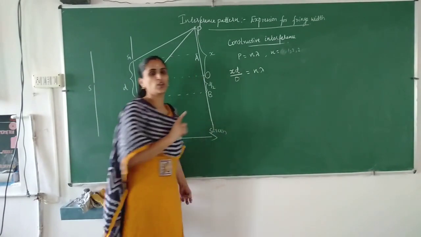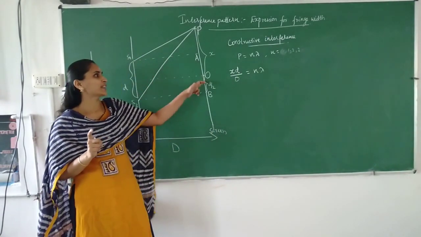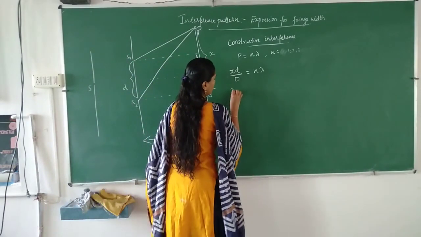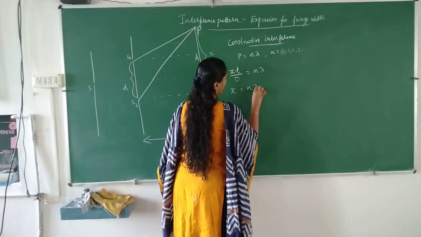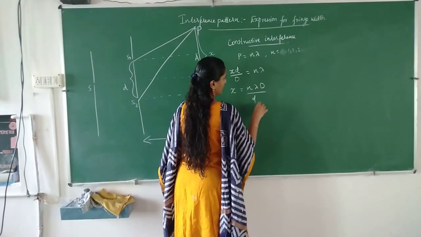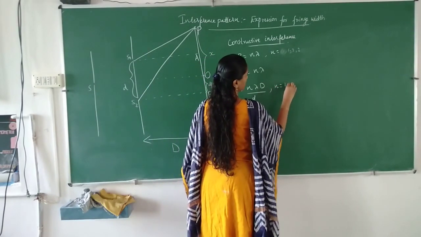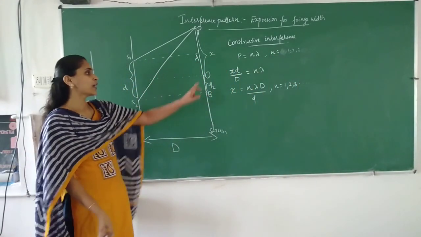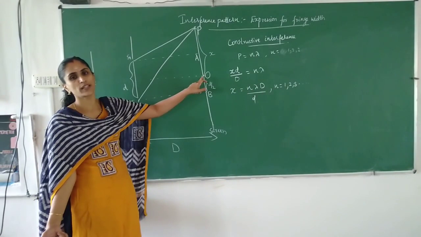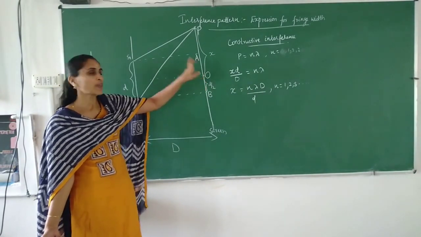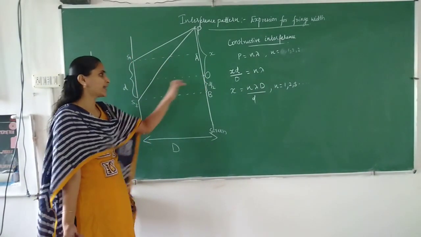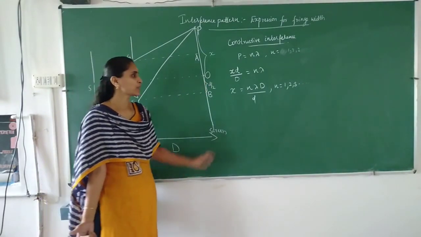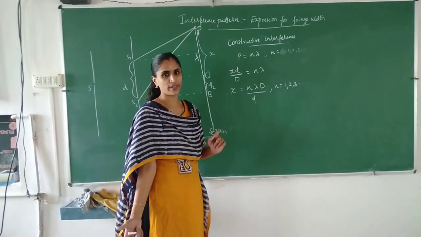Why are we taking so? Because for the center the path difference is 0. So we can write x is equal to n lambda D by d, where n varies from 1 to 3. Why have we not taken 0? Because n is equal to 0 corresponds to the point O, that is equidistant from S1 and S2, and for that the path difference will be 0. Okay. So this is the condition for constructive interference.